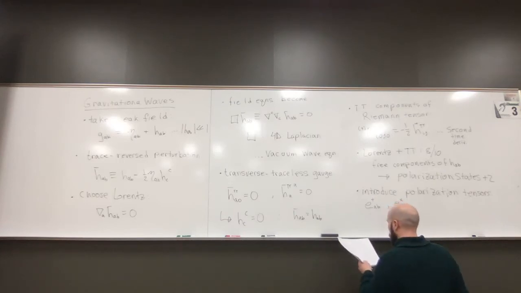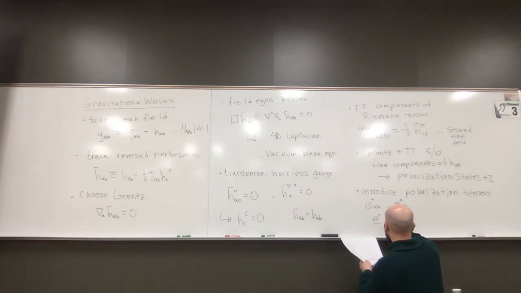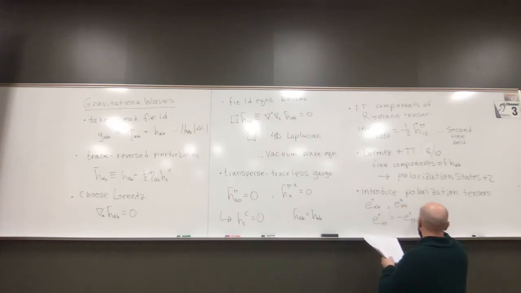That's the general form for the polarization tensors. If I reduce this and take a Cartesian basis, these are pretty simple, so I'll write this down. e plus xx is equal to minus e plus yy is equal to 1.